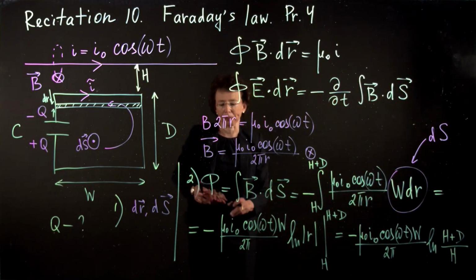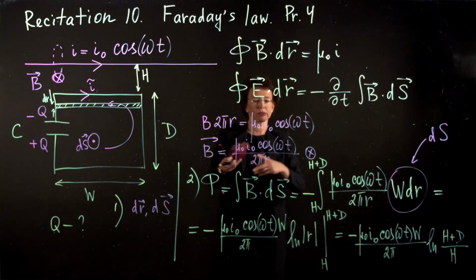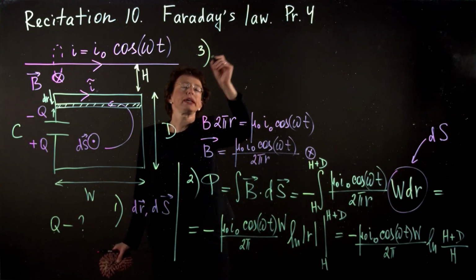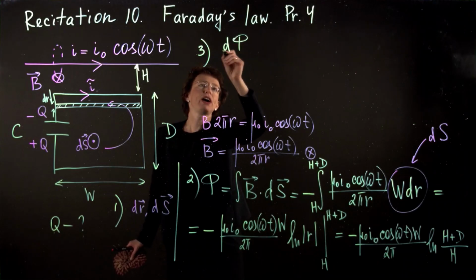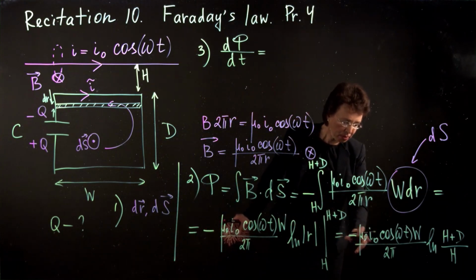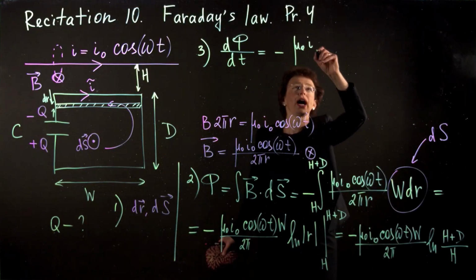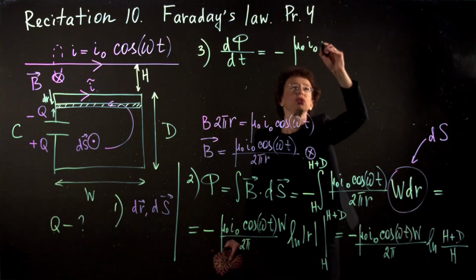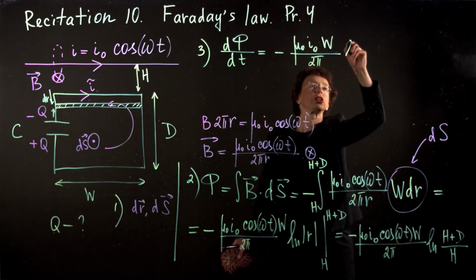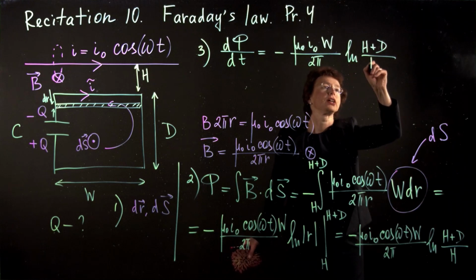What is our next step? Next step is we need to find d phi dt. I'm running out of space, so I need to erase something. What is d phi dt? It is minus mu naught. All these are constants with respect to time: mu naught, I naught, then w, 2 pi, and then logarithmic function h plus d over h.